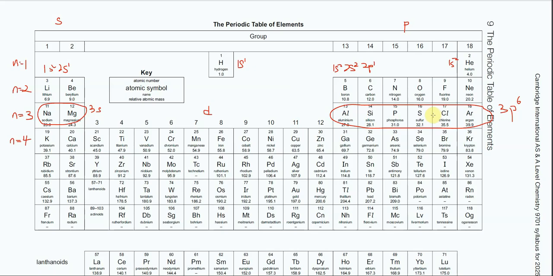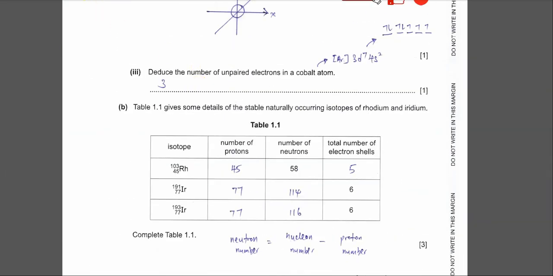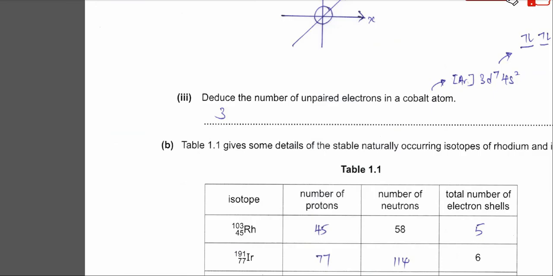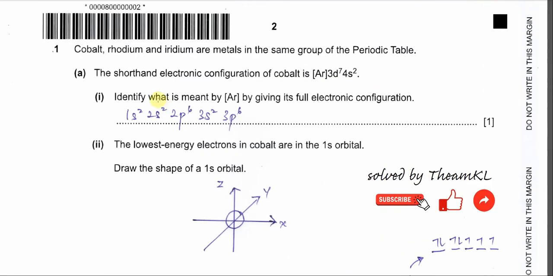So the full electron configuration is 1s2 2s2 2p6 3s2 3p6. This is how we get the electronic configuration from the periodic table. We can use the rows and the blocks inside the periodic table. Hope you understand.